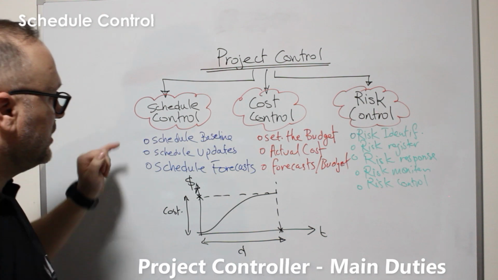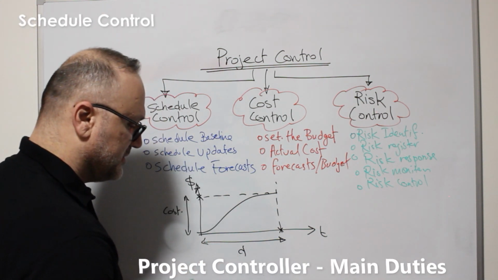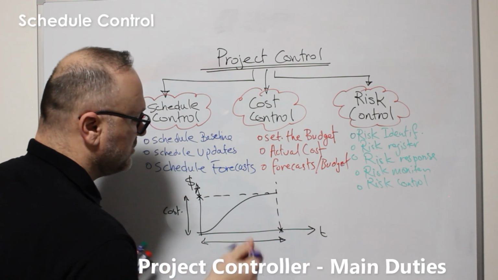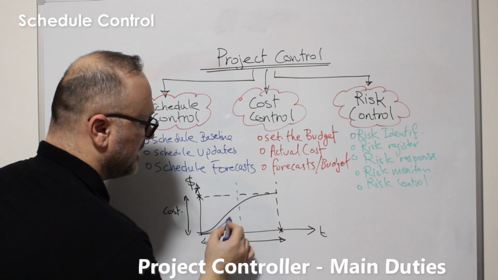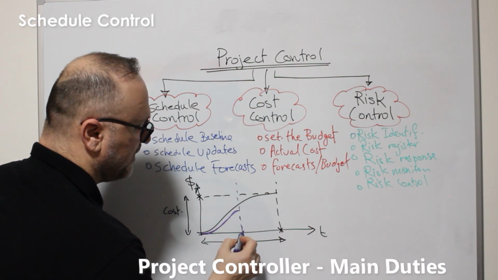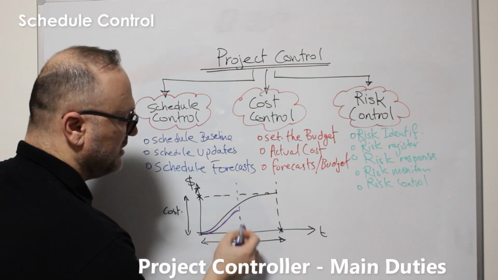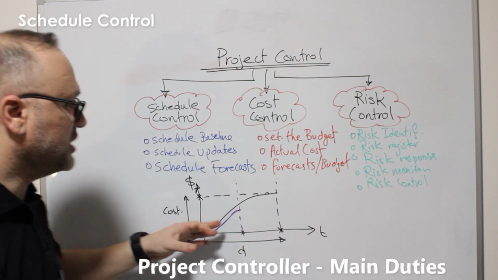Then, during the update of the project, if we say we are today here, we are updating the project to see for this day if we are in schedule or out of schedule.